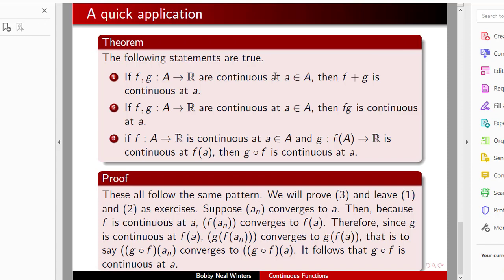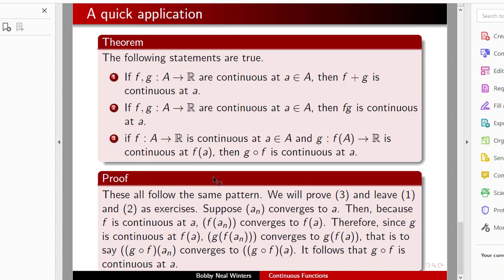And finally, if f from A to R is continuous at a, and g from f of A to R is continuous at f of a, then g composition f is continuous at a. And these all will follow the same pattern, so I'm going to pick the most difficult one and prove it, and I leave 1 and 2 as exercises.